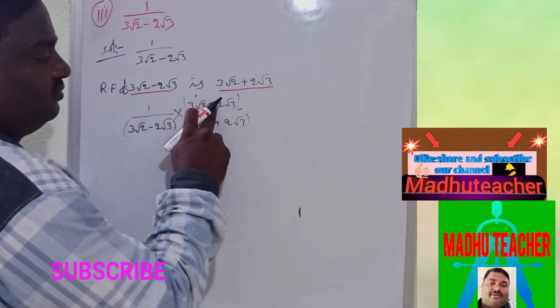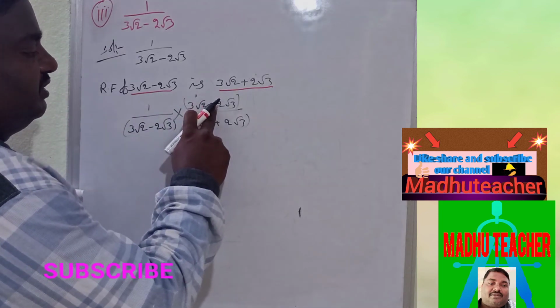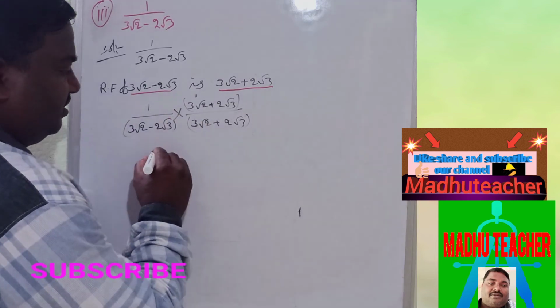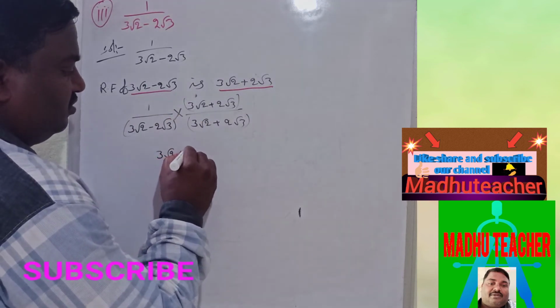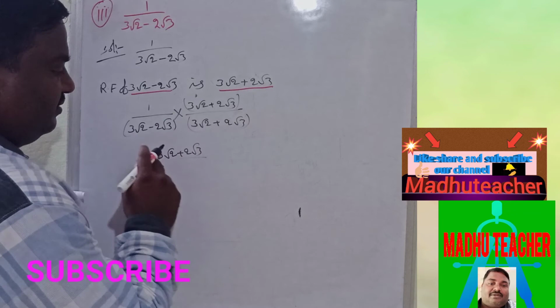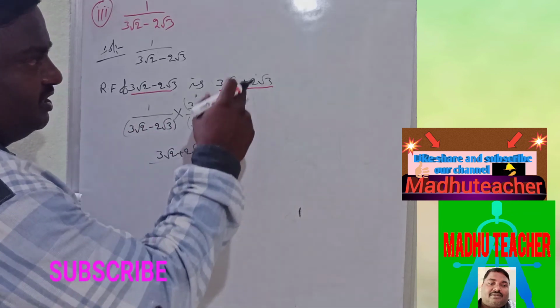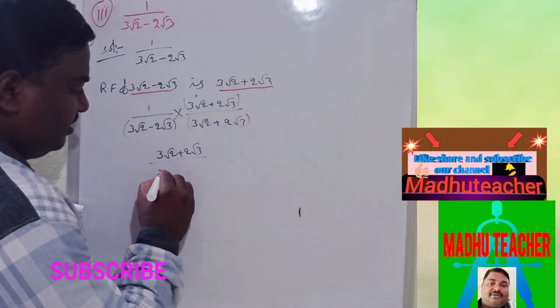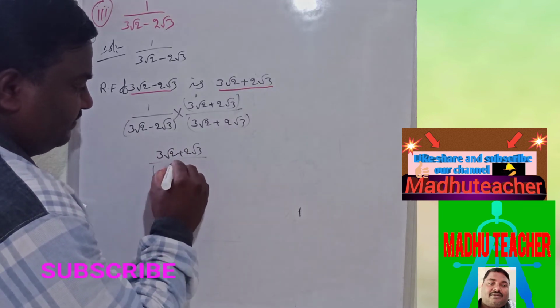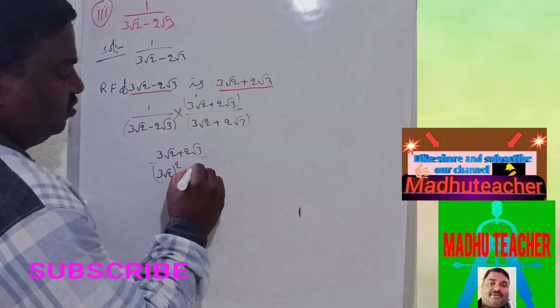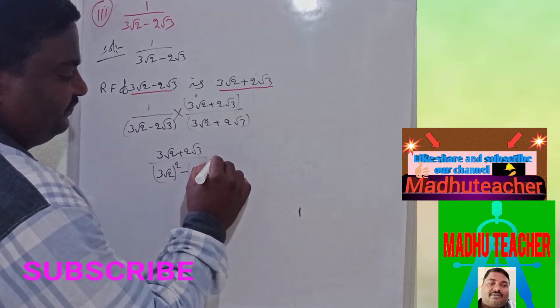1 into anything is that thing, so the numerator is 3 root 2 plus 2 root 3. The denominator is a minus b into a plus b, so that is a square minus b square: 3 root 2 whole square minus 2 root 3 whole square.